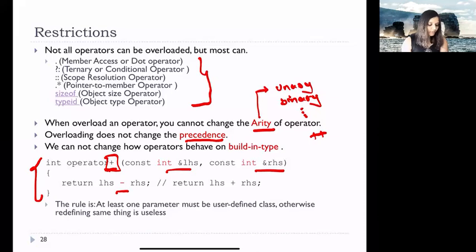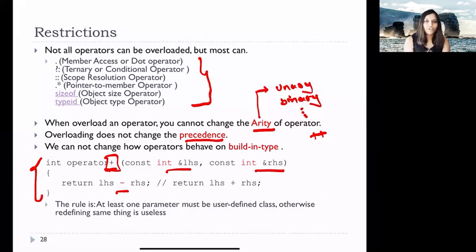And at least one operand must be of a user defined class. Otherwise, redefining the same thing is kind of useless, right? Because if you are overloading an operator, then you want to overload it with something that's user defined, something that the system is not doing by itself.